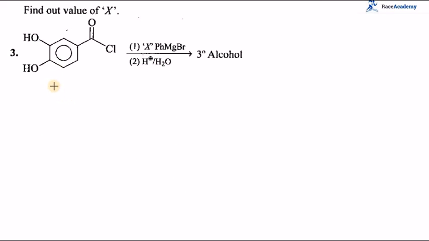Let us see question number 3. Find out the value of X. Here PhMgBr is phenyl magnesium bromide, a Grignard reagent. We have to find the number of phenyl magnesium bromides needed to give a tertiary alcohol after acid hydrolysis.